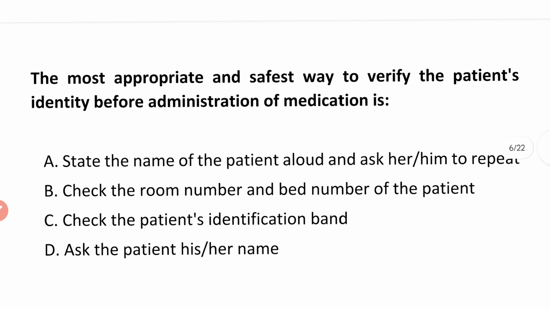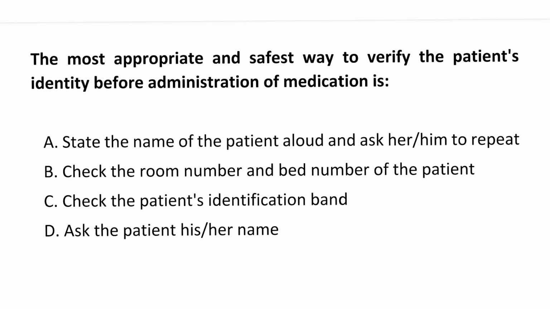Now, next question. The most appropriate and safest way to verify the patient identity before administration of the medication. Option A, state the name of the patient aloud and ask him or her to repeat. Option B, check the room number and bed number of the patient.